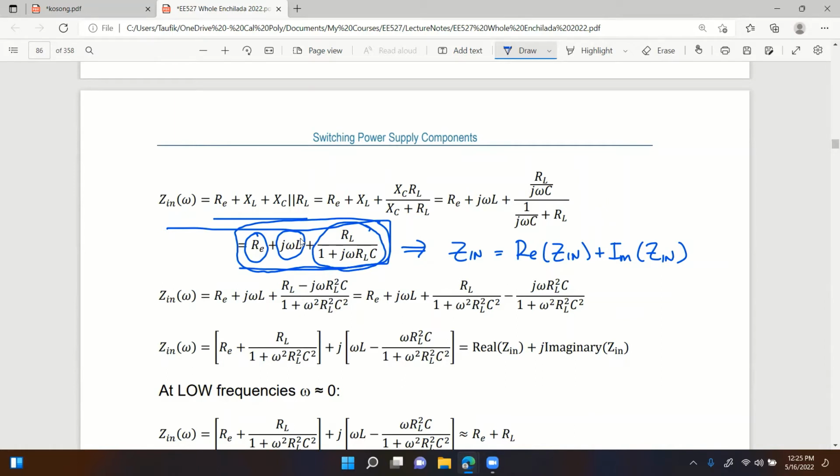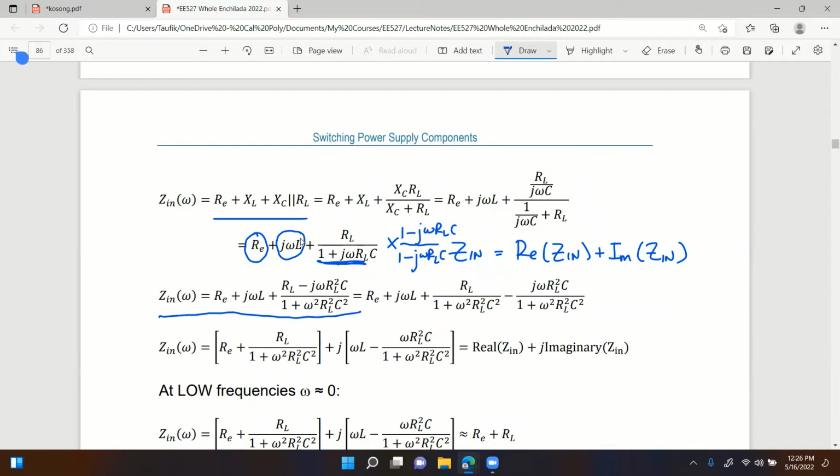Well, I could multiply top and bottom by the complex conjugate, right? So if you multiply top and bottom by the complex conjugate of this, then you get rid of the imaginary part on the denominator. So if you do this like that, then you get this right here.